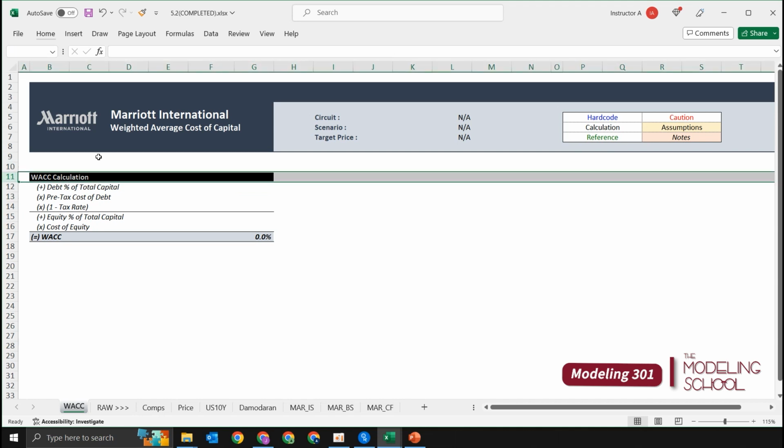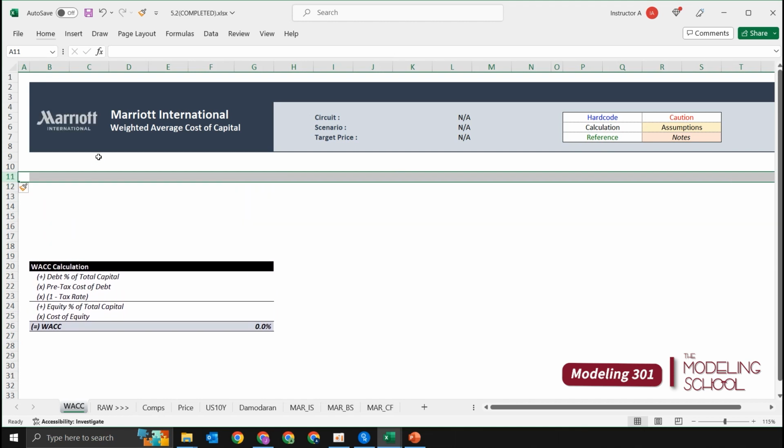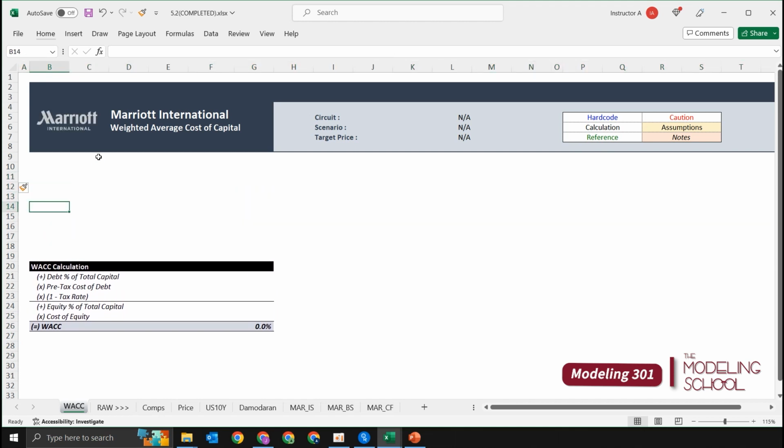And then we're going to add a couple more lines to do a cost of equity calculation. So let's add another title format. So this is going to be cost of equity calculation.